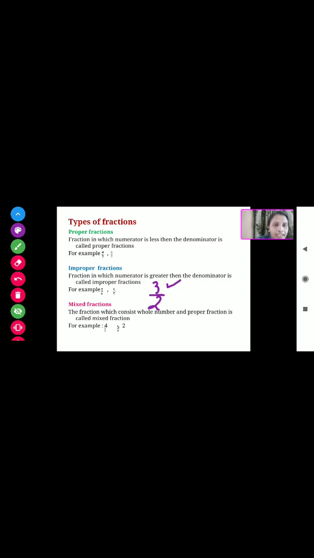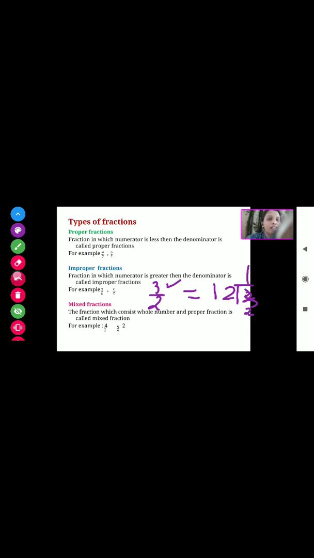The other thing is answer of improper fraction will be more than 1. Here you can see that when we divide 3 by 2, 2 ones are 2. So you will get here 1, and this is your quotient. So your quotient will be more than 1. That fraction is called improper fraction.